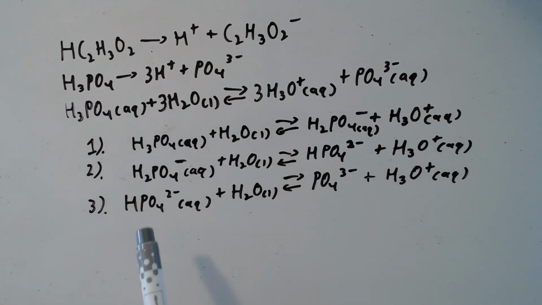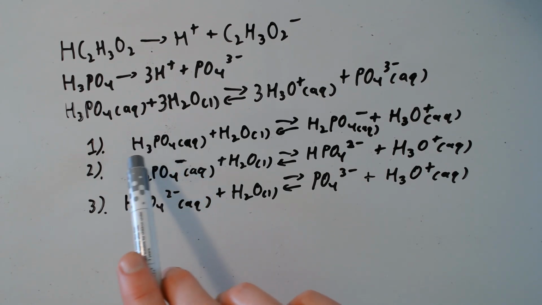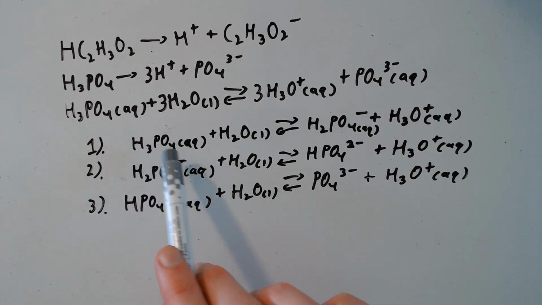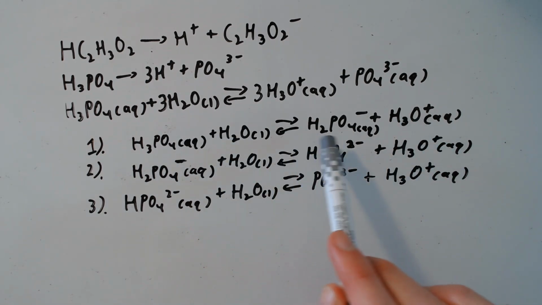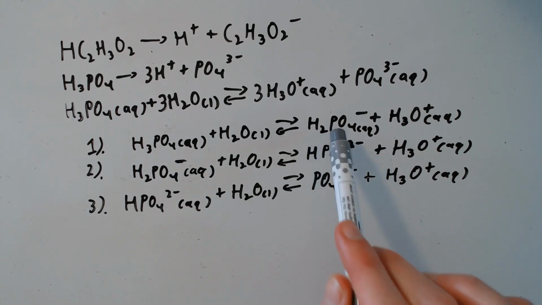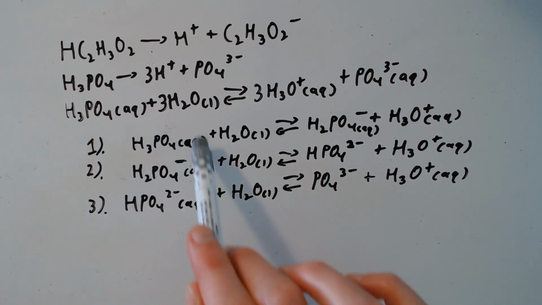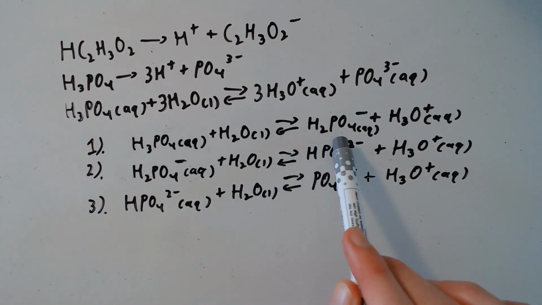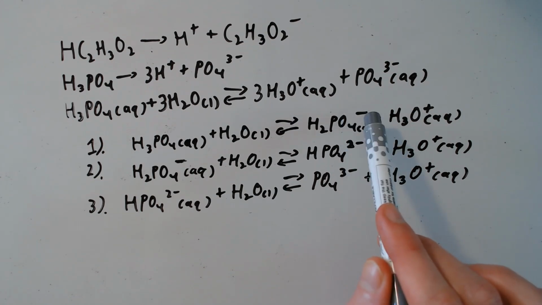Now, why does this acid not just release all of its H ions in one go, like in this reaction? Well, this is because right here, after H3PO4 lost one of its H's to H2O to form an H3O+ and H2PO4-, you can see that the H2PO4- has a negative charge. H3PO4 is neutral, but H2PO4- has a minus charge.